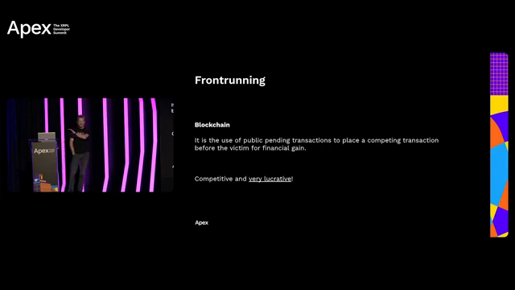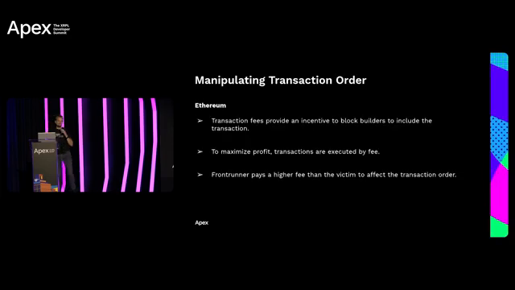On Ethereum, it is extremely competitive and very lucrative. But one of the puzzles of front-running is the fact that front-runners require a way to manipulate in what order transactions execute. And on Ethereum, this is, let's say, trivial. So transaction fees on Ethereum serve 2 purposes. One is to protect the blockchain from spam, denial of service attacks, and just noisy transactions.